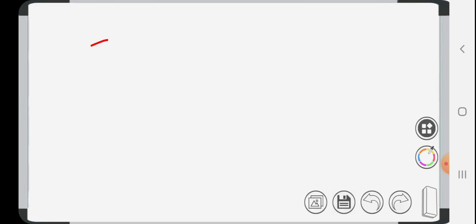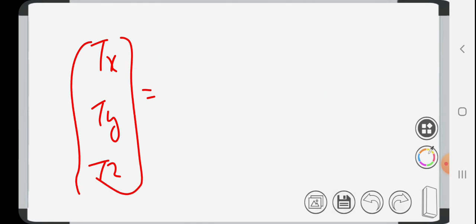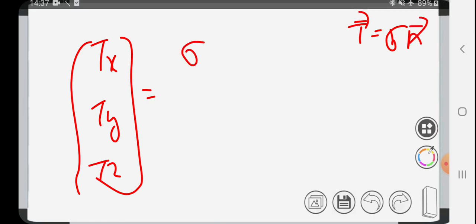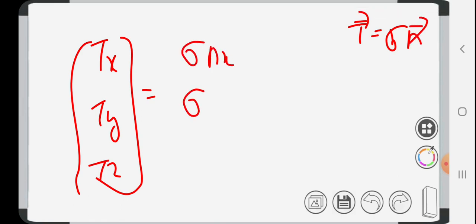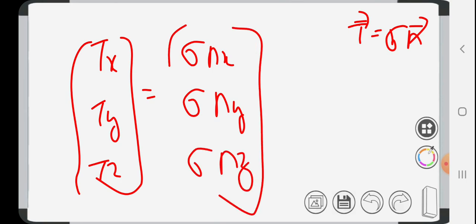But tx, ty, tz can be written in this format also. How? Since the t vector is sigma into the n vector, you can write it as sigma nx, sigma ny, sigma nz. So the previous case and this case are the same, so you can equate them.